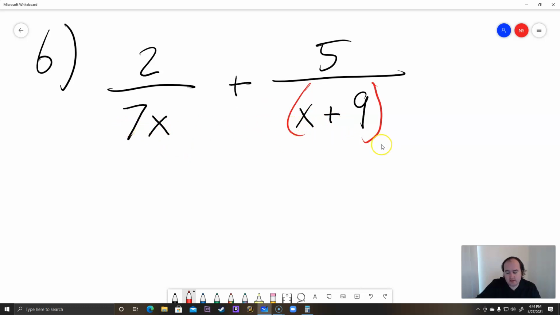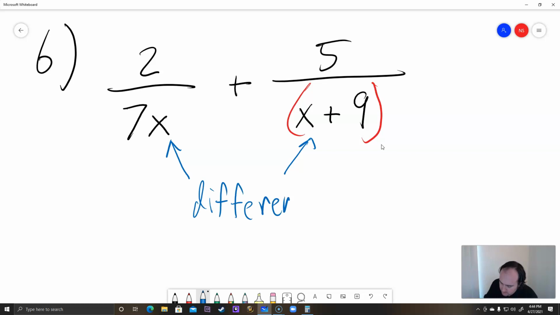They're not considered the same thing. Even though they both have an x, they are not the same factor.